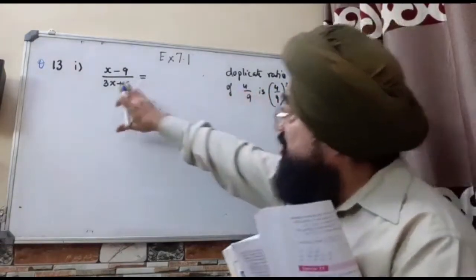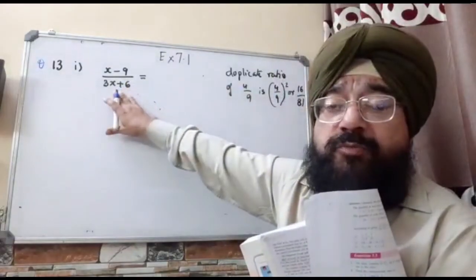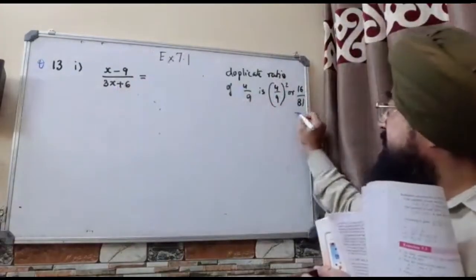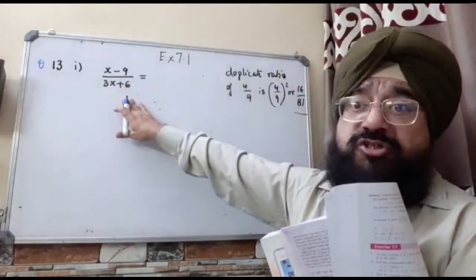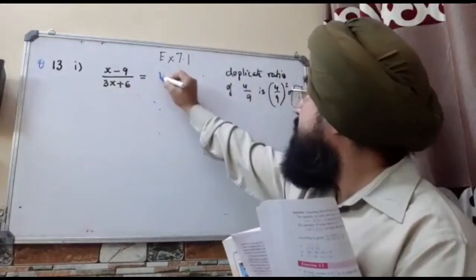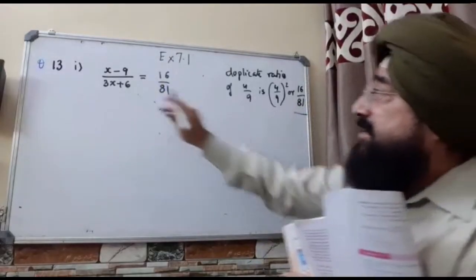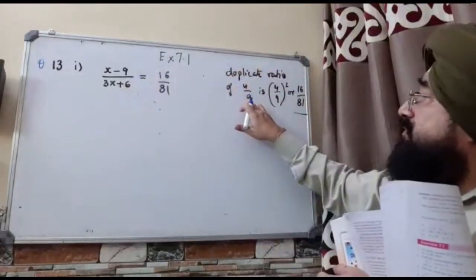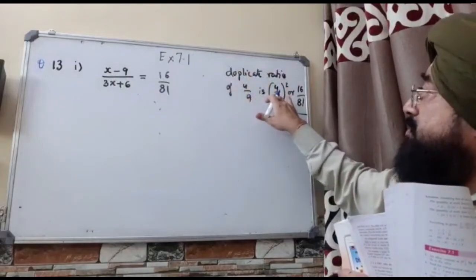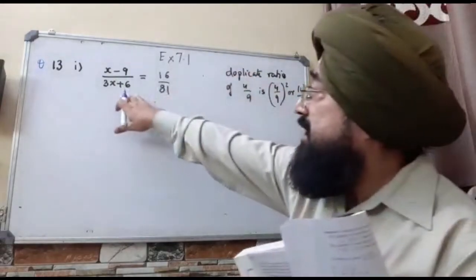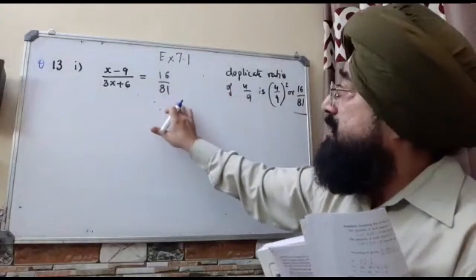It says that this is the duplicate ratio of this, and we found that the duplicate ratio of this was this. That means this is claiming to be this, so this is equal to 16 upon 81. What do you say, class? Isn't it?